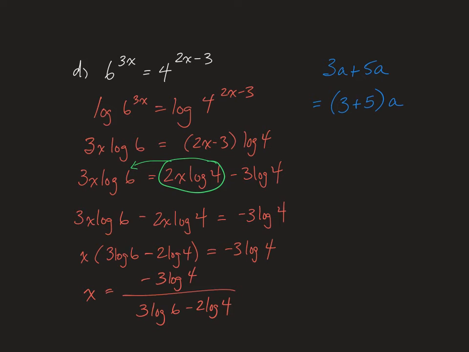And there we go. I want you to take a look. You have one term on top, you have two terms on the bottom, and there are no common factors to be able to divide out. I have no common factors in my coefficients, and I have no common logs that I could divide out either.